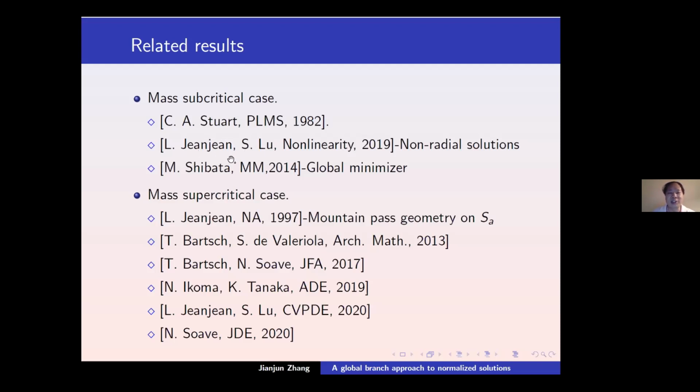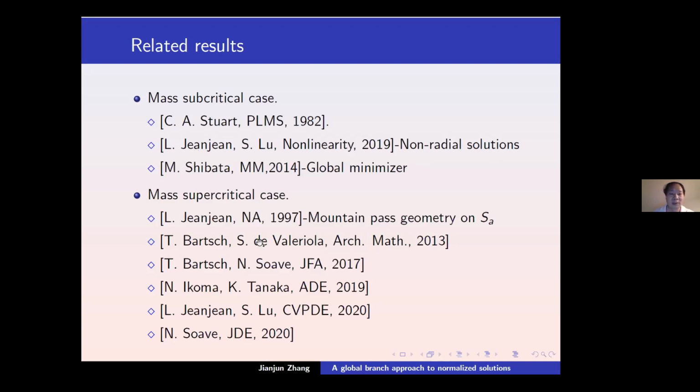Recently, Zhang and Lu considered the normalized solution, but the solution can be non-radial. Also, Shibata can prove the existence of global minimizers.